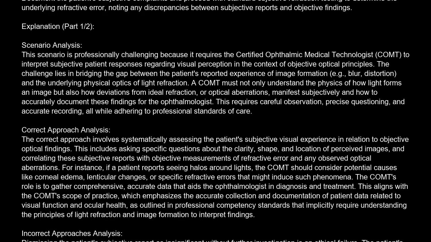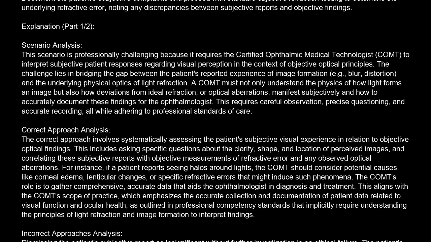A COMT must not only understand the physics of how light forms an image, but also how deviations from ideal refraction, or optical aberrations, manifest subjectively, and how to accurately document these findings for the ophthalmologist. This requires careful observation, precise questioning, and accurate recording, all while adhering to professional standards of care.